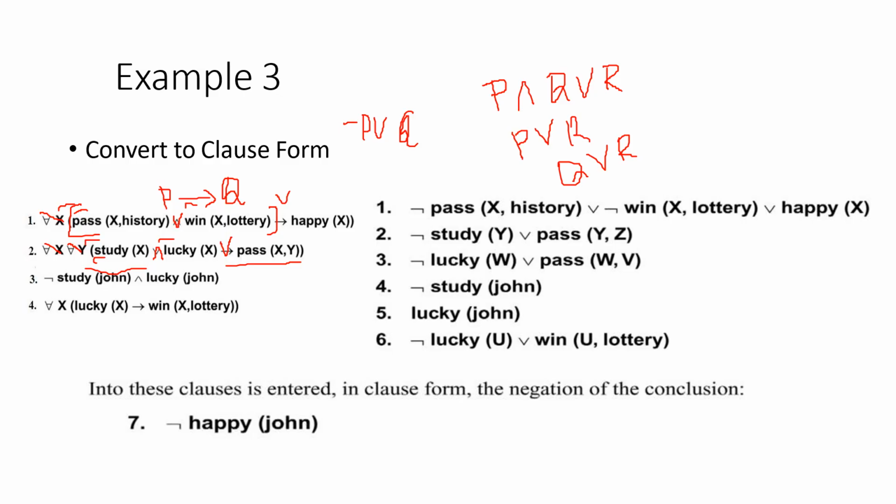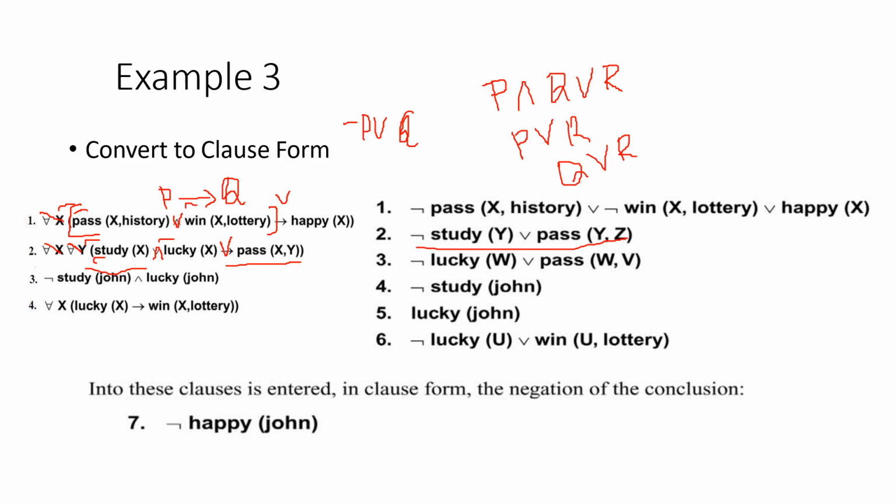So not study x or pass x comma y. And x we have already used in the previous clause, so we are giving a unique variable name. So here we can write not study y or pass y comma z.